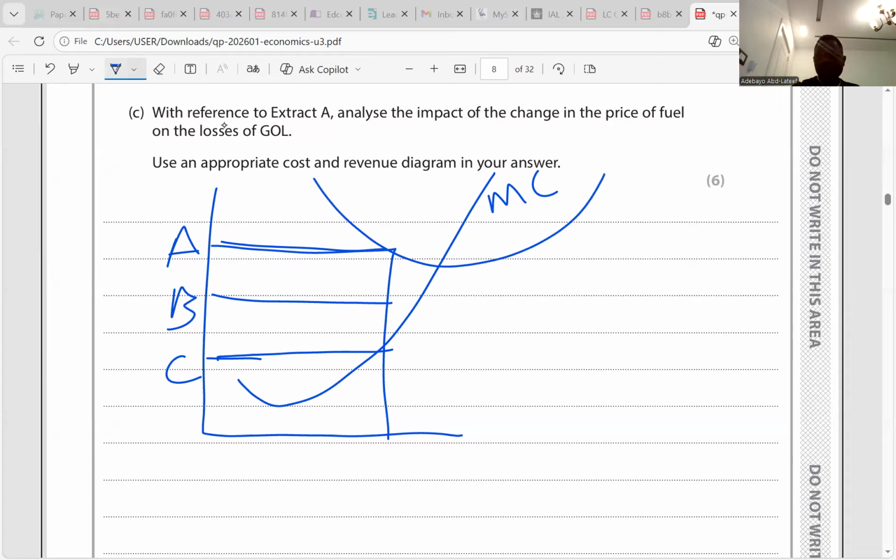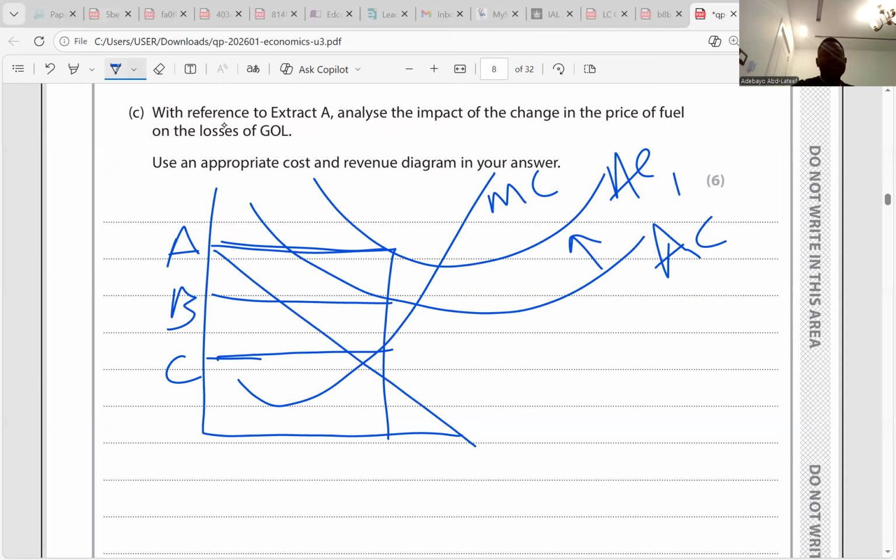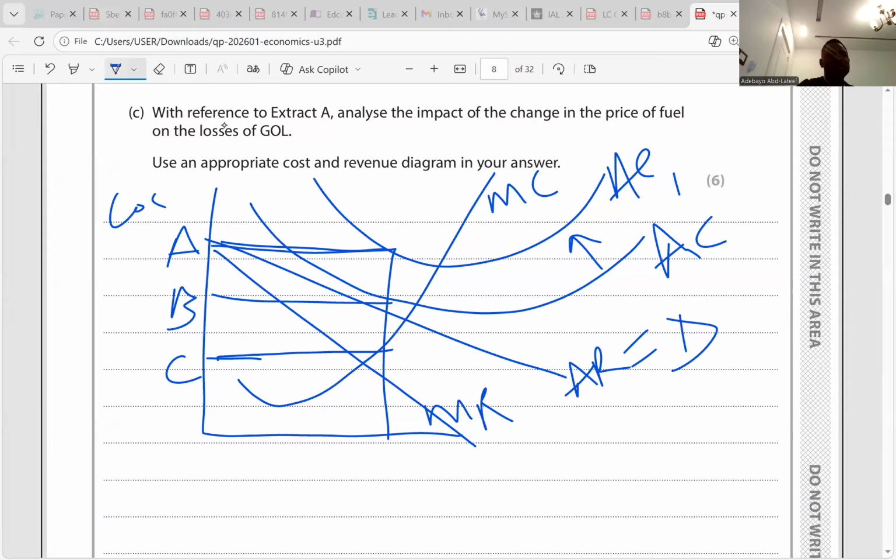We have AC, we have AC1. So there's an increasing cost there. Then we have our average revenue. So our MR and our AR equals price. The point is all about the cost and revenue and the quantity. So that's the graphical representation.